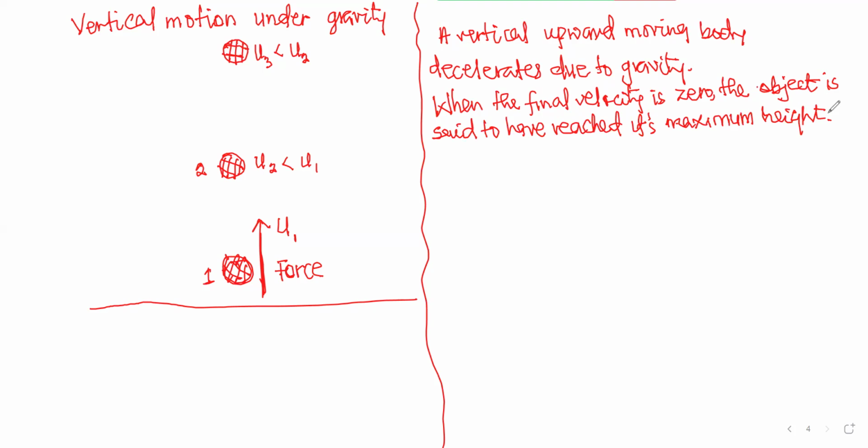So look at the footballers. Whenever footballers are playing on the turf, no matter how hard the keeper would hit the ball to go up, the ball will never remain in the air forever. It will go and come, because as the ball goes up, its speed will be decreasing, and there will be a point where the decreasing speed will be reduced to 0, and this drop in the speed will naturally happen because of gravity.